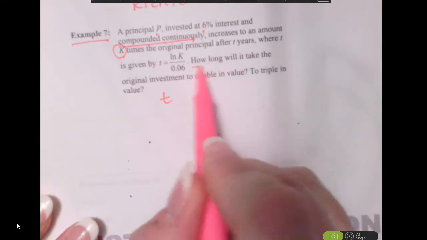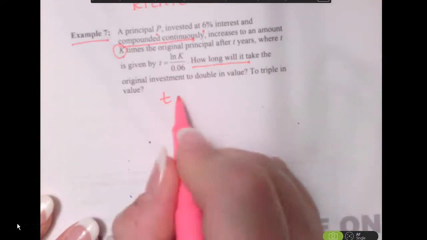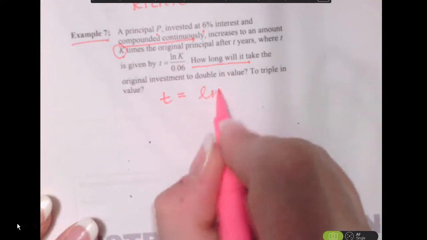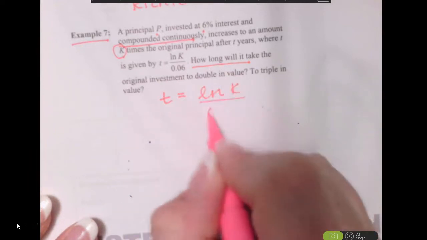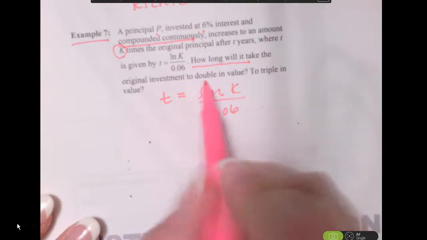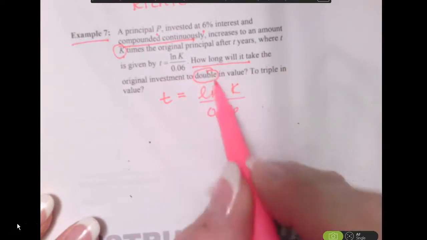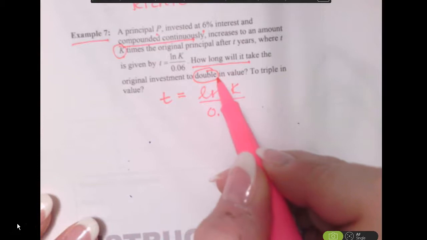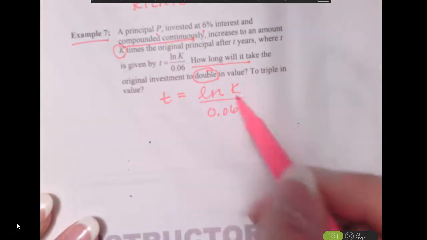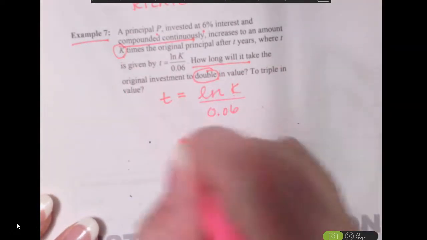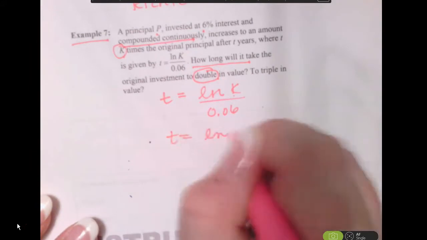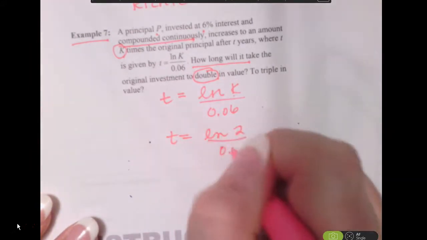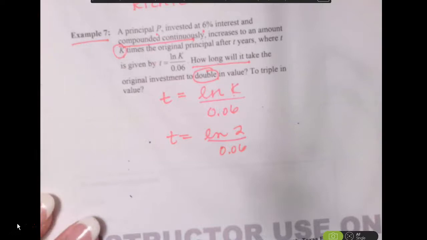So in our question, how long will it take? So we're looking for the number of years. And so now when they say double in value, we have to think about, well, how many times the original is that? Well, that's a k value of 2. So if we substitute into our equation the natural log of 2, then that's going to tell us our answer.